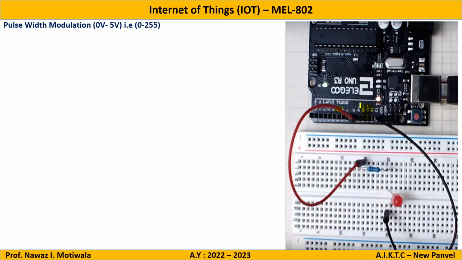The ones in which you will observe this sign, the sign of pulse width modulation. So the pins which have this kind of symbol are the pins which can give you pulse width modulation. So if you want pulse width modulation, you have to connect to the pins which have this kind of symbol. For example, you can observe here, pin number 10 and 11 have it. Also here pin 5 and 6 have the same pulse width modulation.